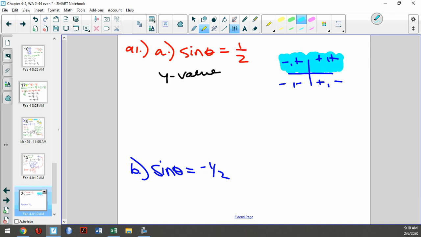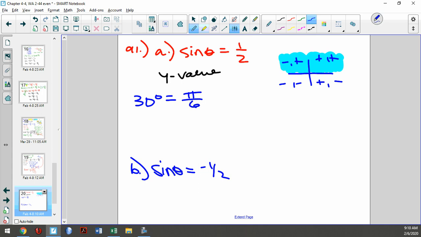Do we see that, yes or no? So if you're talking about quadrant 1 and quadrant 2, using the hands of the clock like I taught you, your sine value is going to be your y value, and where in quadrant 1 is your y value 1/2? Your y value is 1/2 over here at 30 degrees. So 30 degrees is equal to pi over 6.